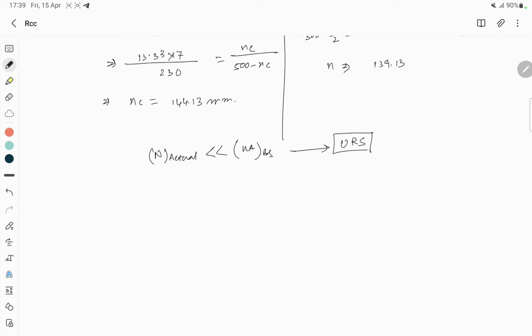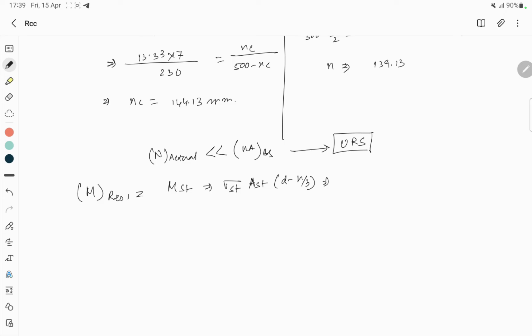If it is an under reinforced section, then moment of resistance equals moment due to steel. Moment due to steel means sigma ST into AST into D minus N by 3.